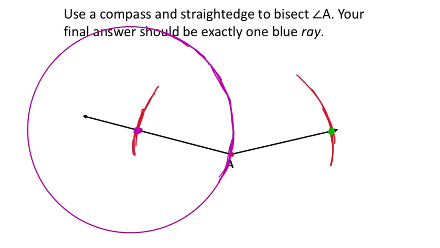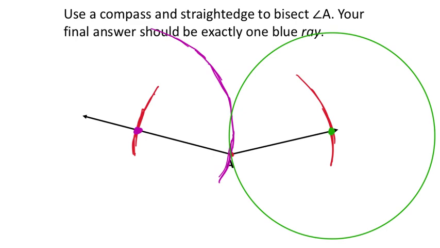So what we need now is another circle, but with the center at this green point, and then the edge going through the A. So we need a radius here. It'll be the same radius as this one, which is okay. Now again, this is what I get, and I'm just eyeballing this, but on the assignment, all you do is click on the center and then drag it to this red point right here.